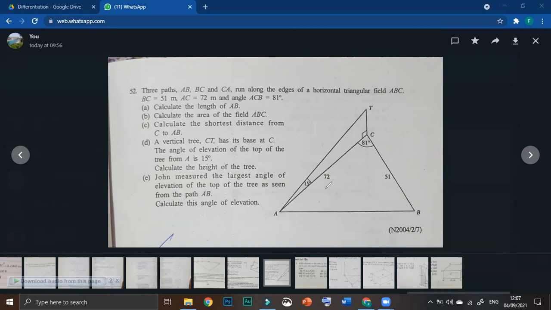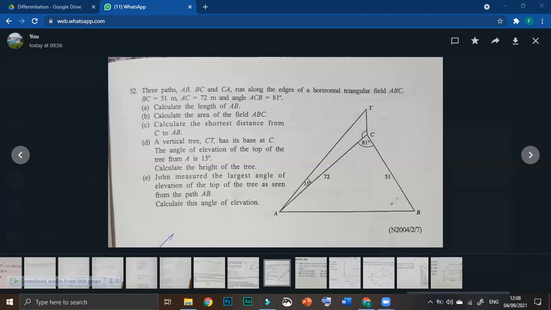The lengths of BC and AC are given, and the angle ACB is 81. Angle C is given 81. We want to find out the length of AB.